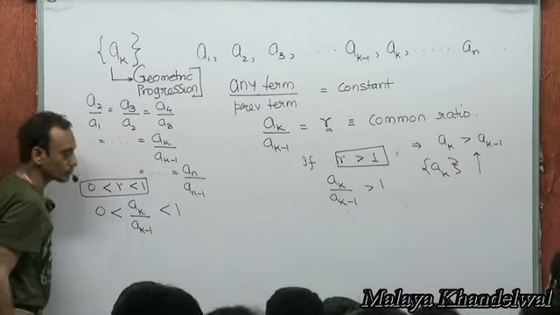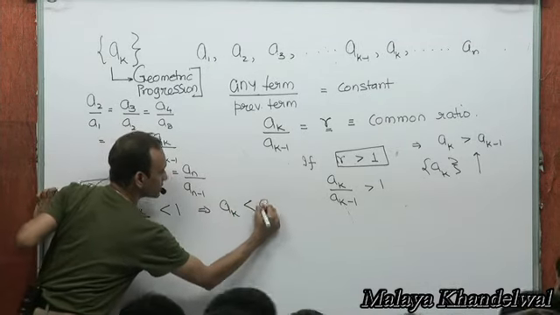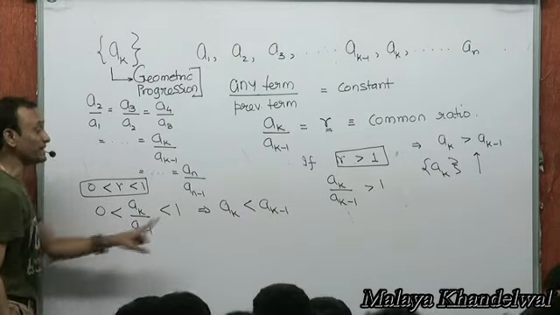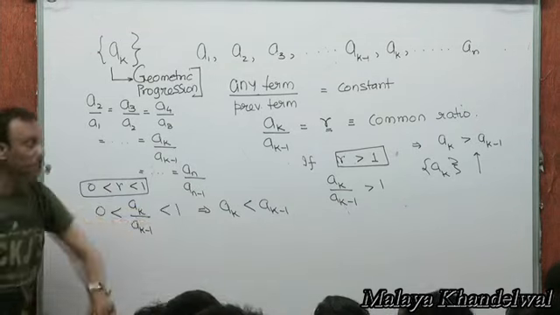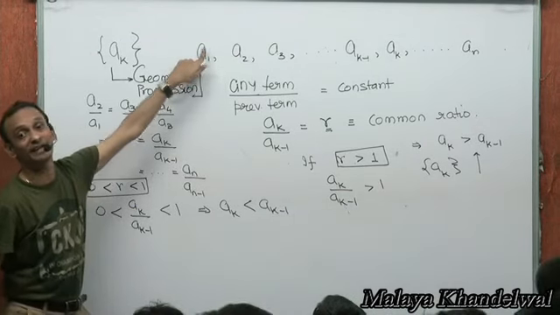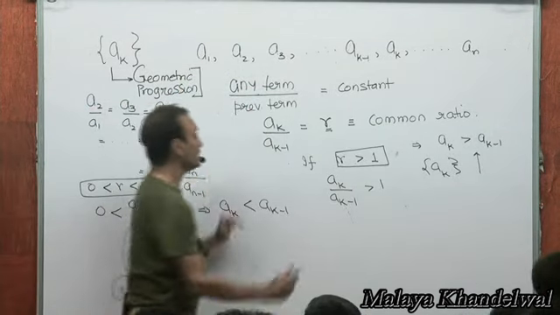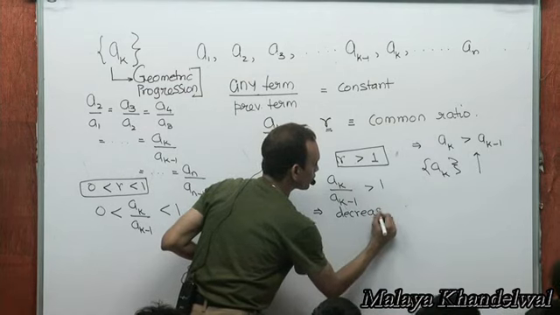Yes or no? That means AK will be less than AK minus 1, right? That means any term will be less than the previous term. That means it's a decreasing sequence. A2 will be less than A1, A3 less than A2, A4 less than A3.